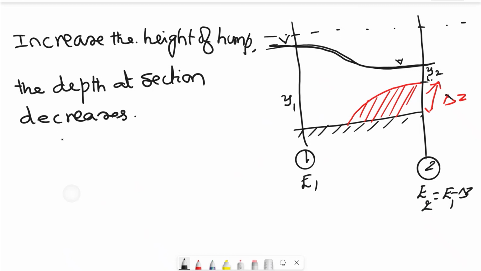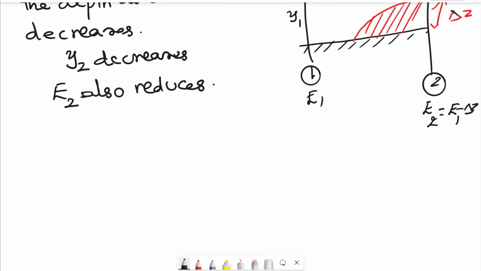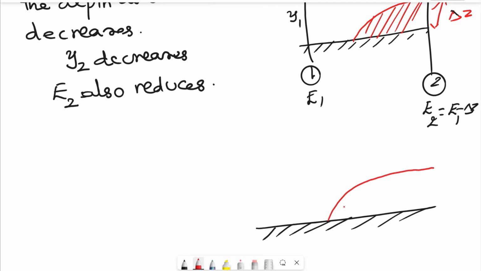That means Y2 decreases, and E2 also reduces. If you go on doing like that, you reach a point where your hump size is equal to delta Z maximum. This is the maximum. So what is the flow condition then?